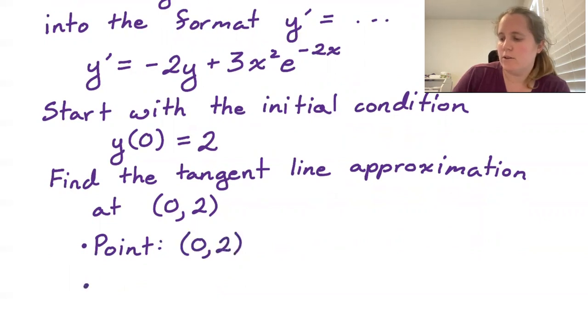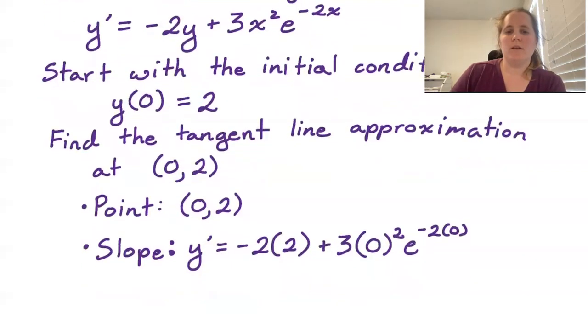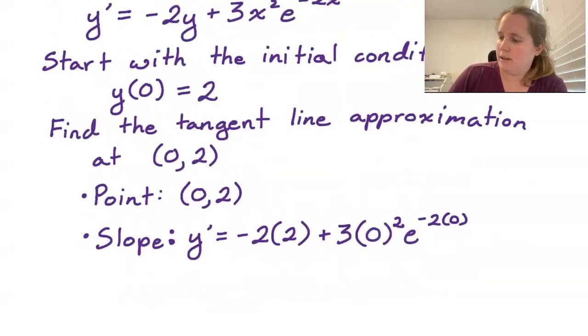And then our slope is y prime is equal to negative 2 times 2 plus 3 times 0 squared e to the negative 2 times 0, otherwise known as negative 4.